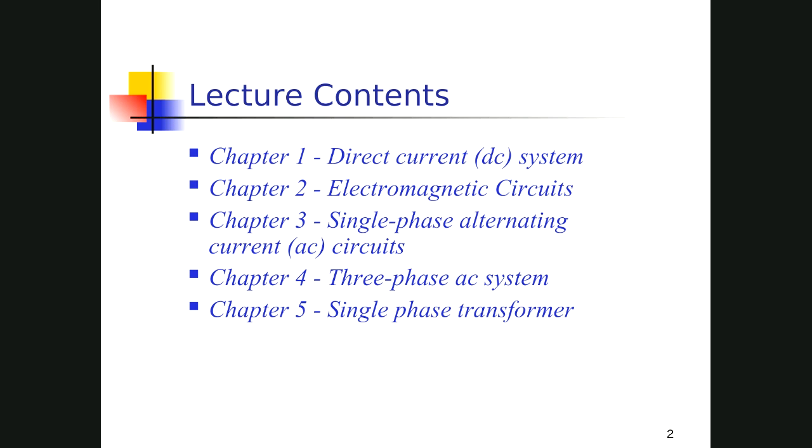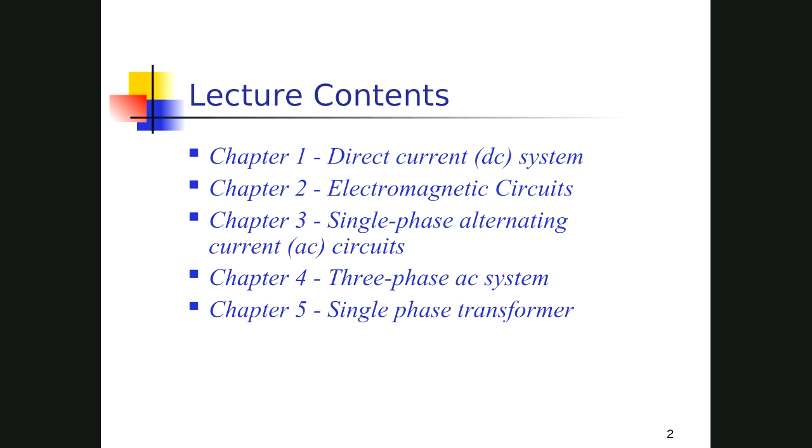Okay, so in addition to the single phase AC circuits, in chapter 4 we have the three-phase AC systems, which in general are the big generators generating electricity in power plants.